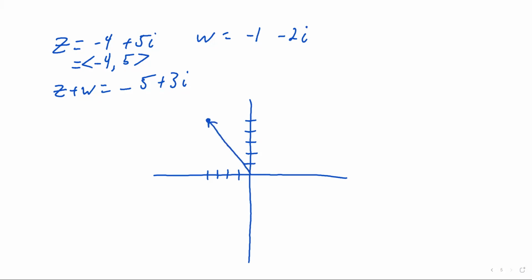Perfect. All right. Let's do W. I'm going to do a different color so we can see what's happening. How would you write W as a vector? -1, -2. And what goes around it? Inequality symbols. All right. How would I actually graph it? 2 down. Very good.